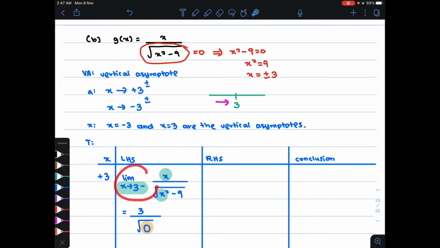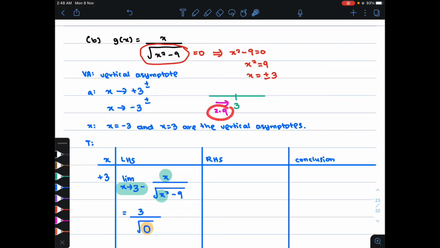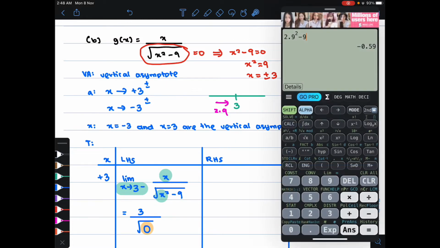So from the left-hand side, let's take the value 2.9. So substitute 2.9 into x squared minus 9, and you'll get negative 0.59.